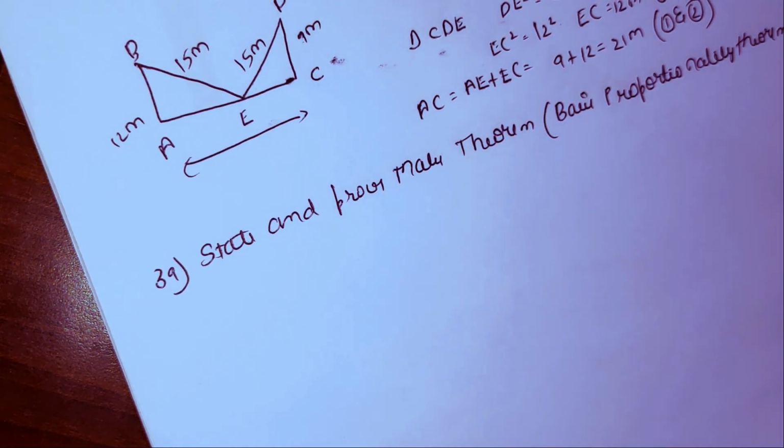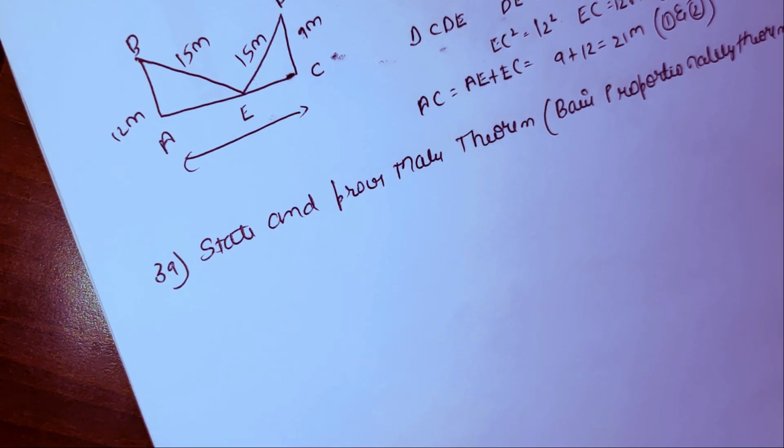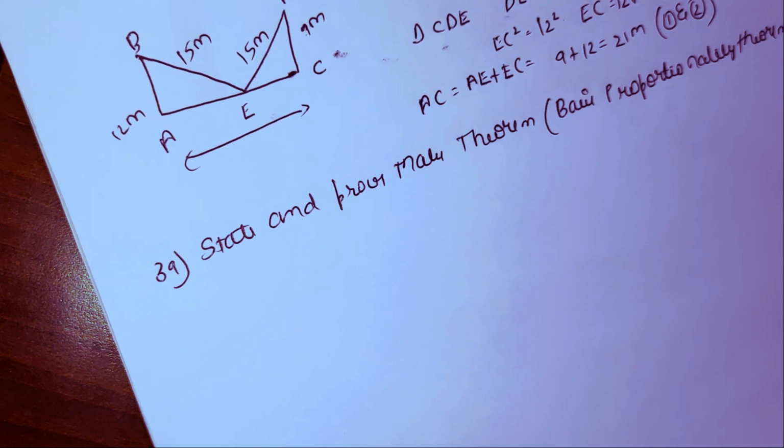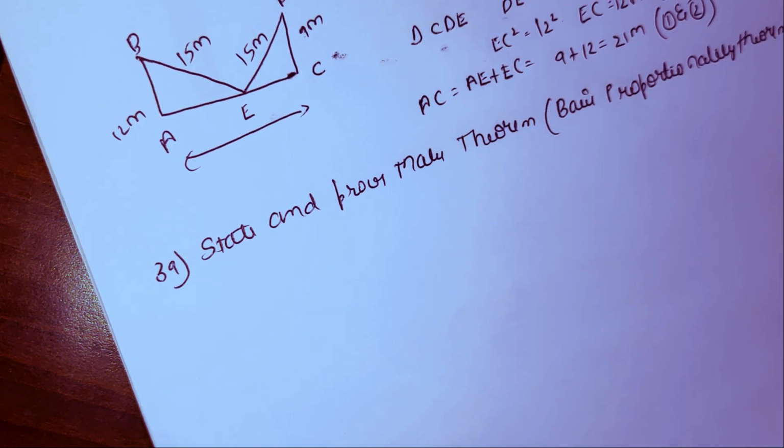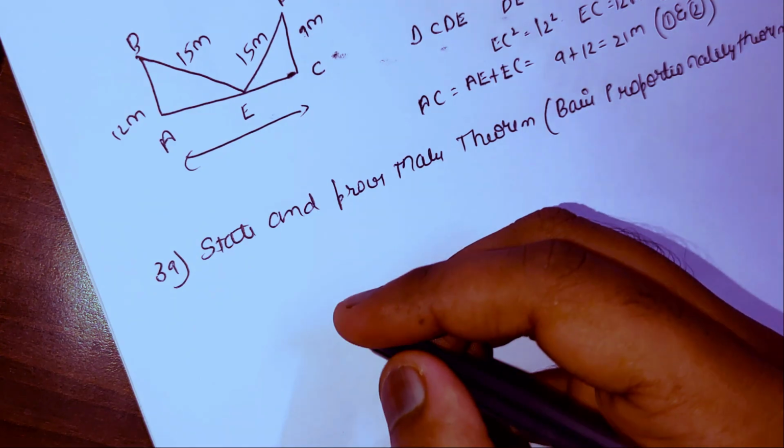First you have to write the Thales theorem. If a line is drawn parallel to one side of a triangle to intersect the other two sides in distinct points, the other two sides are divided in the same ratio.